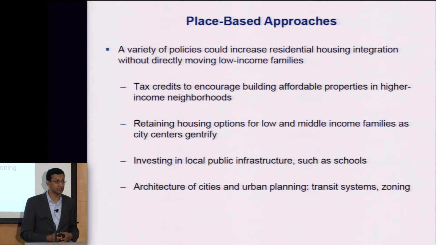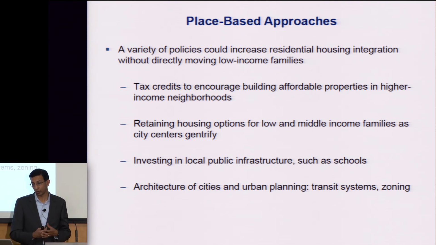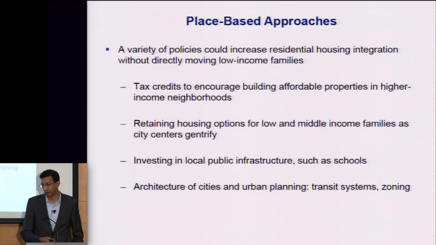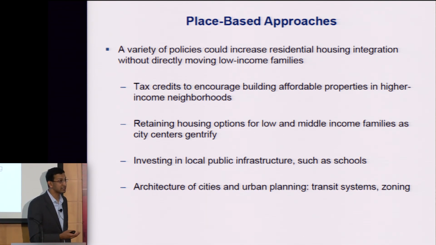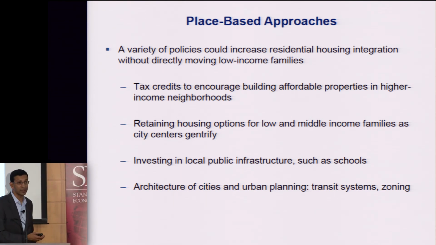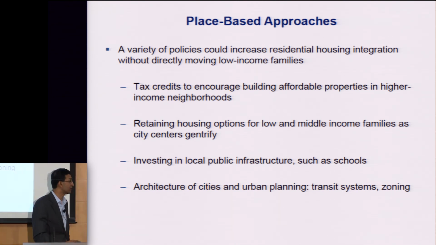So what might these policies be? They could be tax credits to encourage building affordable properties in high-income neighborhoods, retaining housing options for low and middle-income families as cities start to gentrify, investing in local public infrastructure, things like local public schools that directly improve communities and attract higher-income families to a given area.